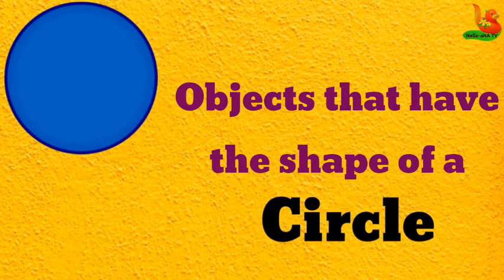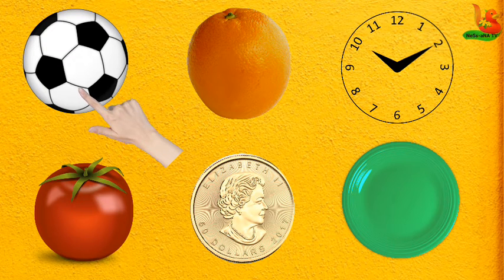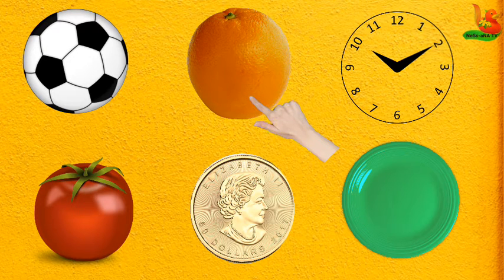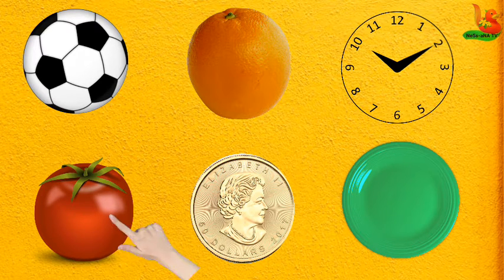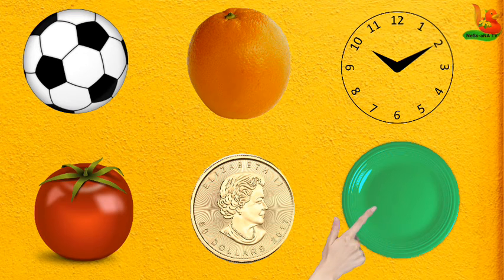Objects that have the shape of a circle are ball, that is football, orange, clock, tomatoes, coin, and plates.